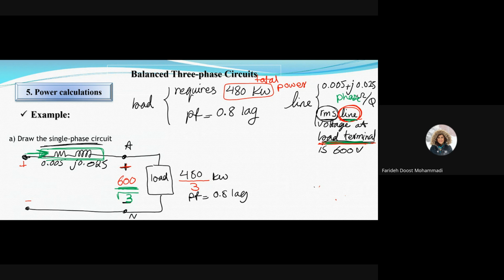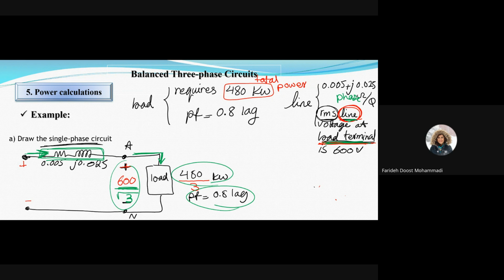In order to calculate the current of the line, I know the power consumption, I know the power factor, and I know the voltage, so I'm going to plug them in. The line current is the same current as the load current. So I'm going to focus on calculating the load current, and that's going to be the same as the line current.